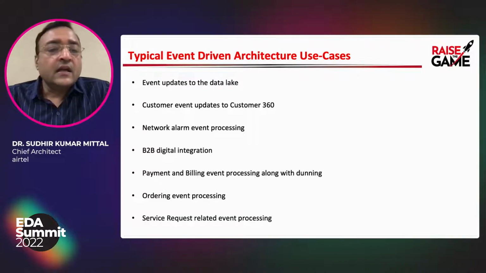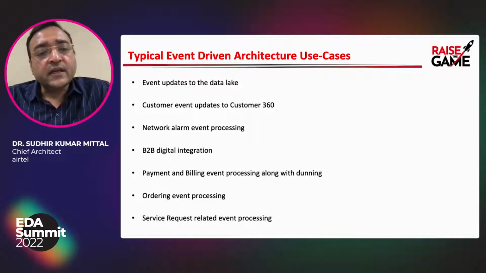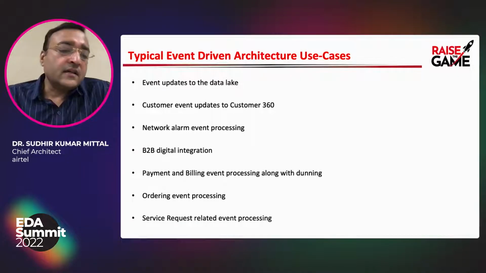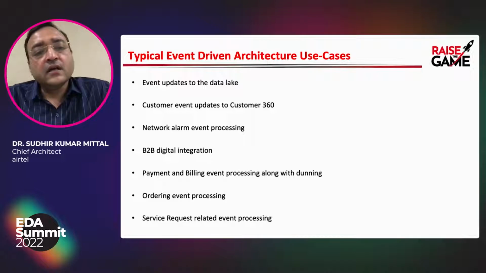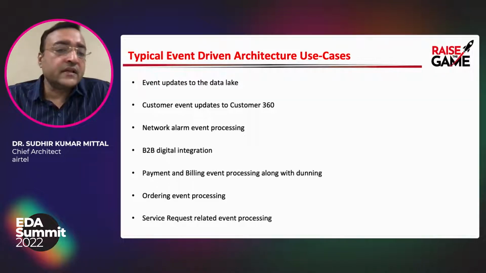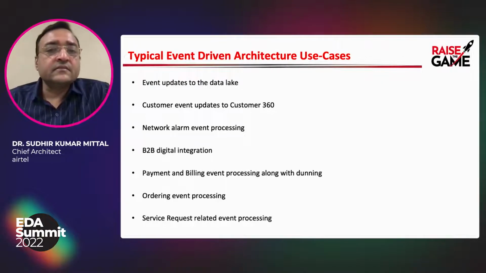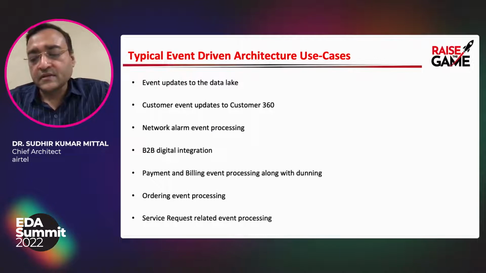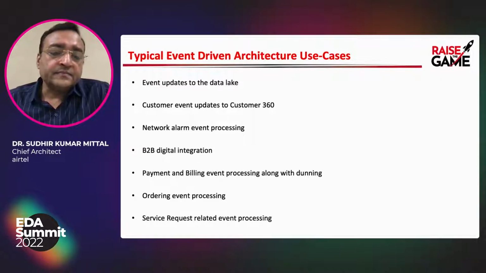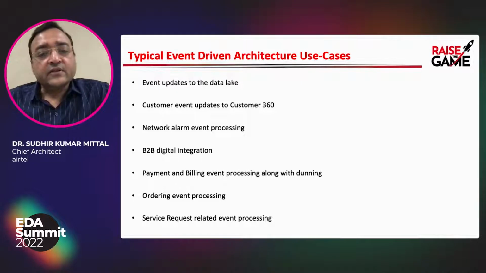So you would see all the areas of fulfillment, assurance, and billing, as well as network alarms and customer lifecycle events, are all being processed in real time, and we are able to address that kind of scale.